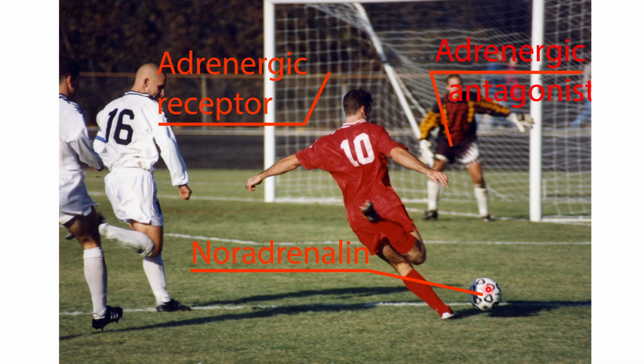work like this. As you can see on the slide, this is the adrenergic receptor. This is the neurotransmitter noradrenaline, and this is the antagonist.